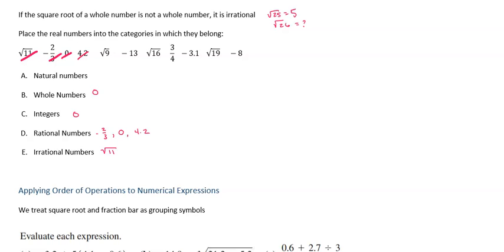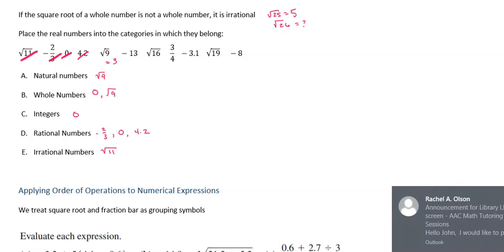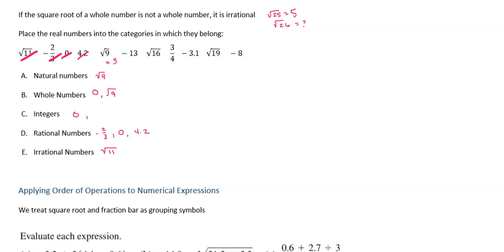All right, square root of 9 becomes 3. So that means it is a natural number, so square root of 9 is a natural number. It's also a whole number, and it is also an integer, which means it's also a rational number. Okay, so the next thing we're looking at is negative 13.